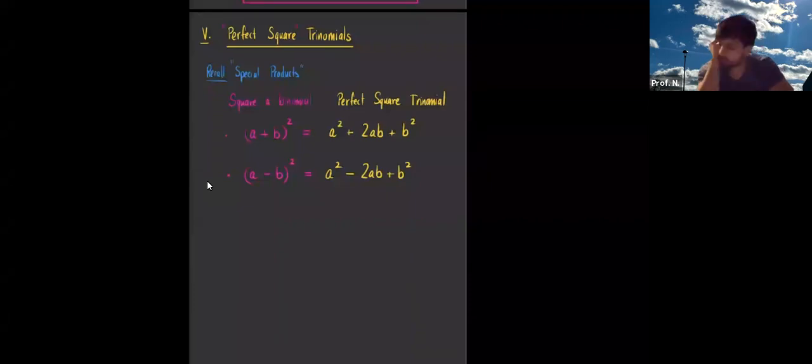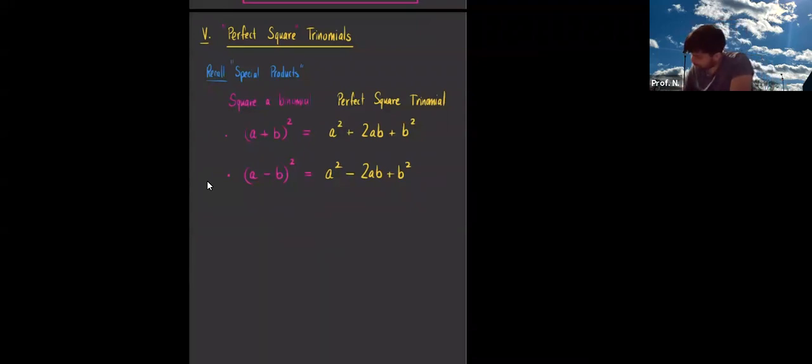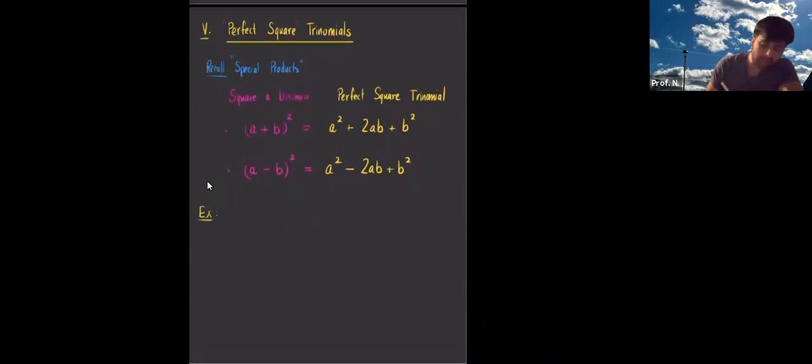So let's see. Let's start out with an example where we're going to factor this expression in two ways. We're going to do it the way that we would normally do it, and then we'll do it the way with perfect square trinomial.